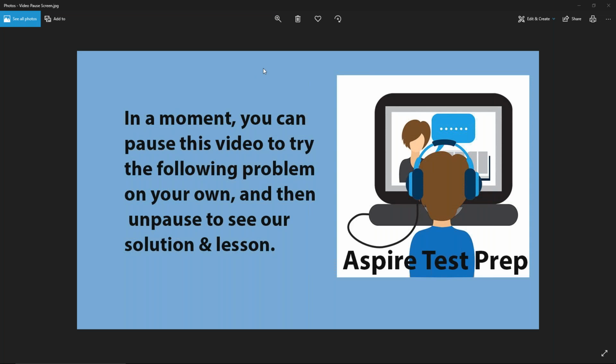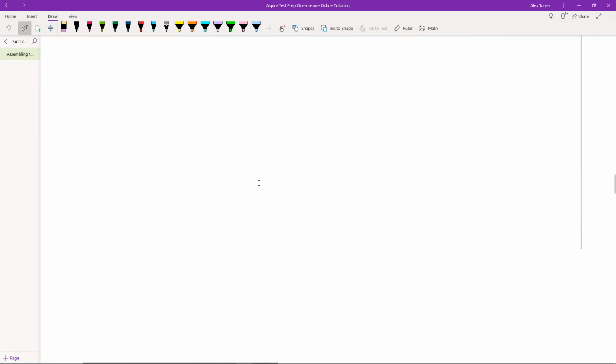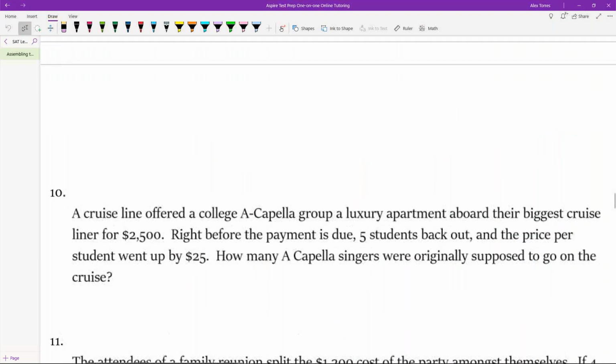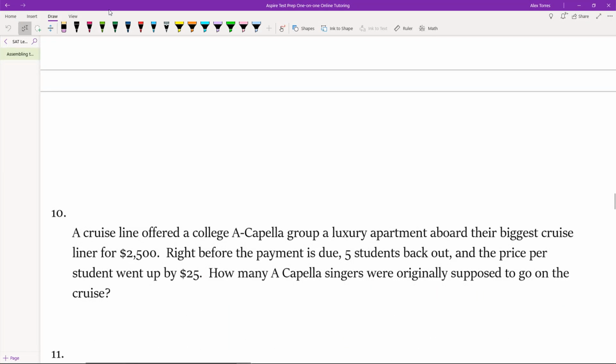But going back over to question number 10 now, it's an entirely different kind of question, but it's the same approach of assembling two expressions and relating them to one another. So here we have a total cost of $2,500. It's being shared by a certain number of students. So the original cost in this problem is 2,500 divided by x.